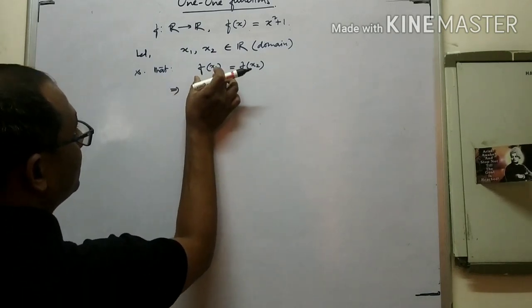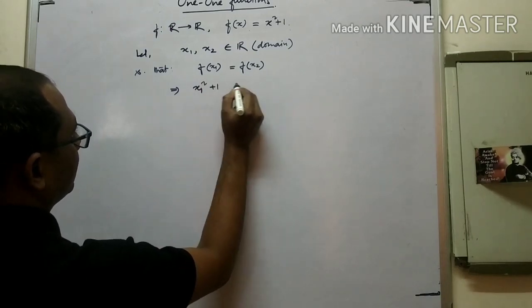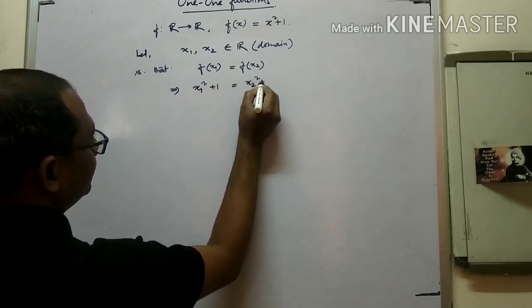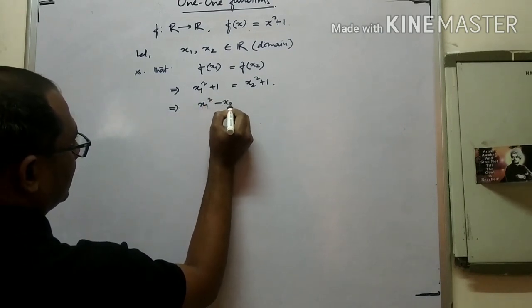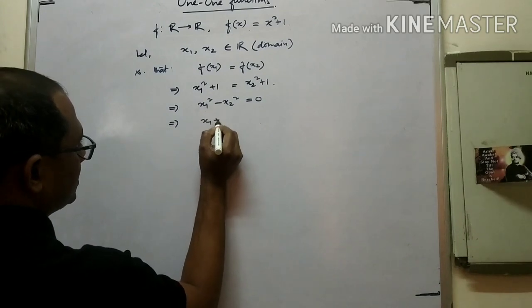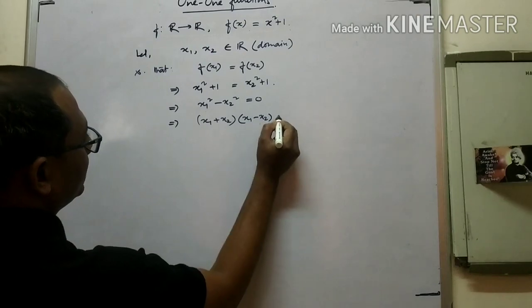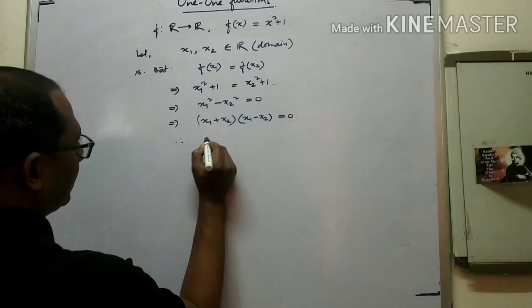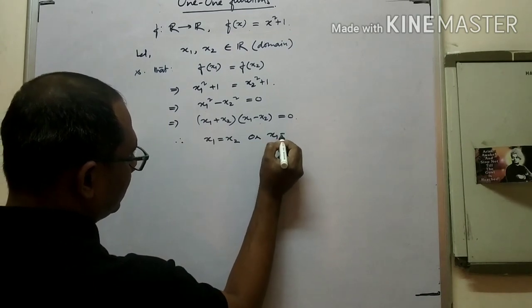So the functional definition says x1 squared plus 1 equal to x2 squared plus 1. So ultimately we'll get x1 squared minus x2 squared equal to 0. So we'll get (x1 plus x2) into (x1 minus x2) equal to 0. So we'll be getting either x1 equal to x2 or x1 equal to minus x2.